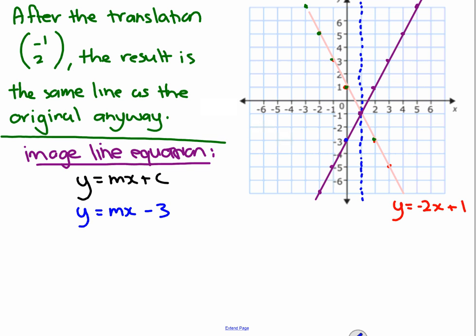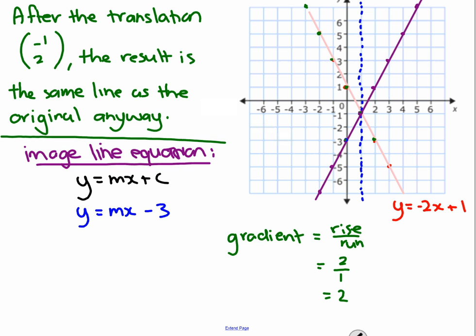Now what's the gradient? You can see the rise over the run, or you can use 2 points and just slot them into the gradient equation. So gradient equals rise over run. You go up by 2, across by 1, you get a gradient of 2. What you could also do is choose 2 points on the purple line, so (0, -3) and (1, -1), and plug them into the gradient equation.